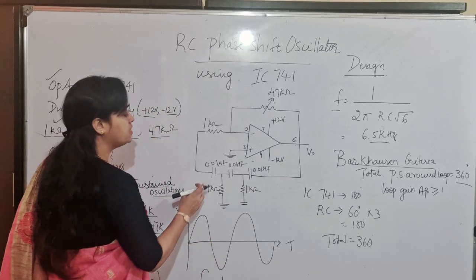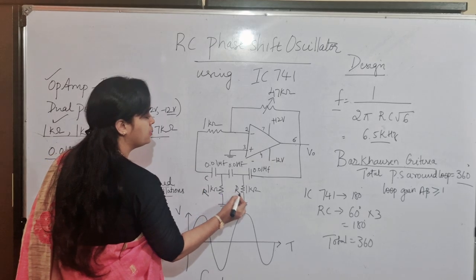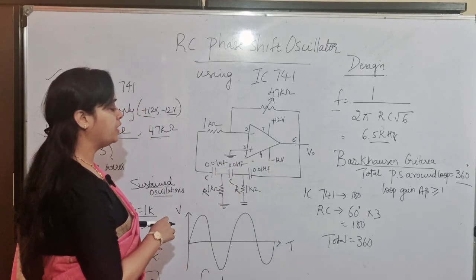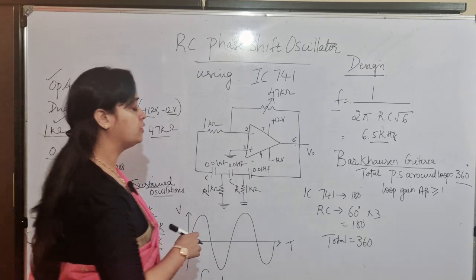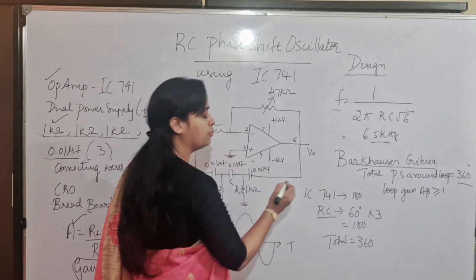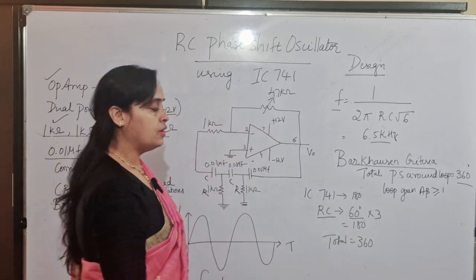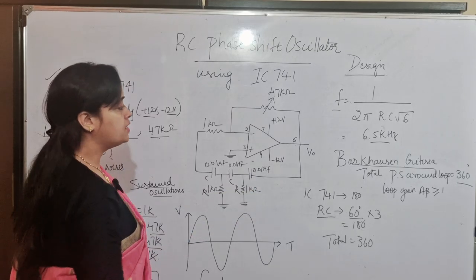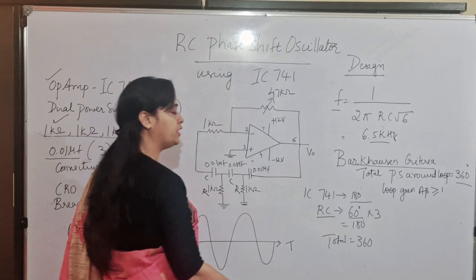So next, this is RC. The RC network should be connected in such a way that we know one RC network provides 60 degree phase shift. At the same time, IC741, that is an inverting op-amp, also generates a phase shift of 180 degrees.